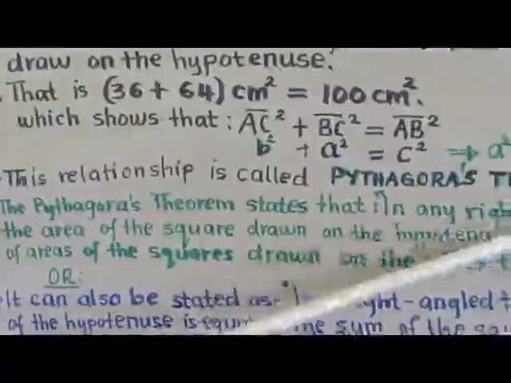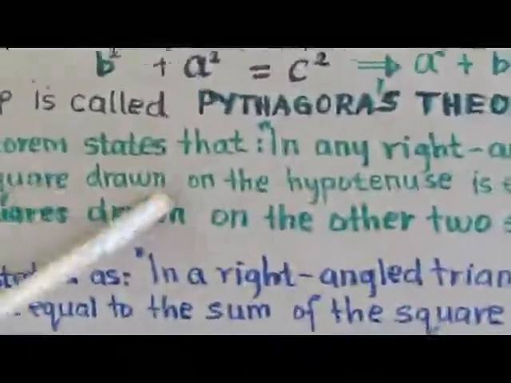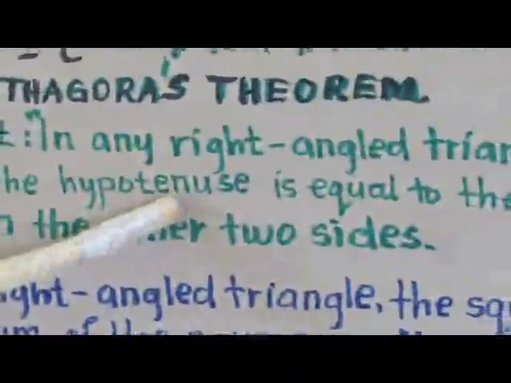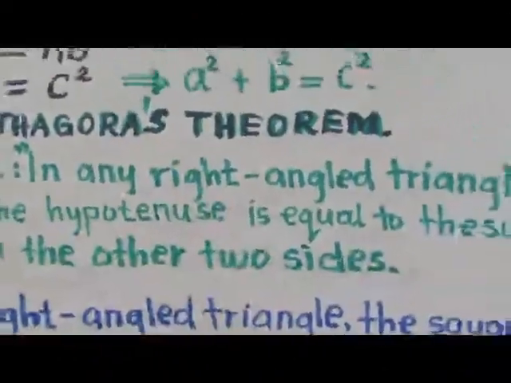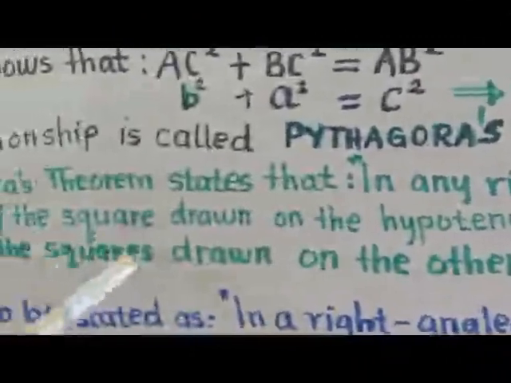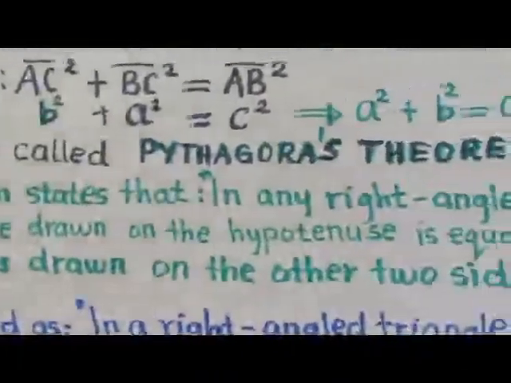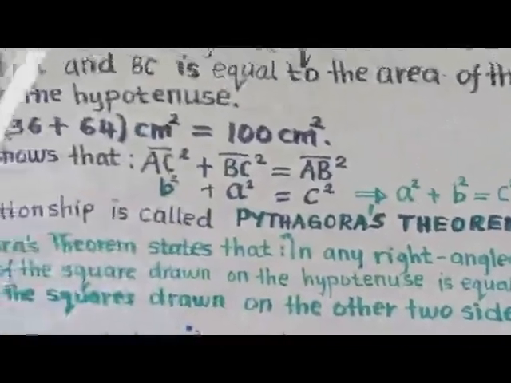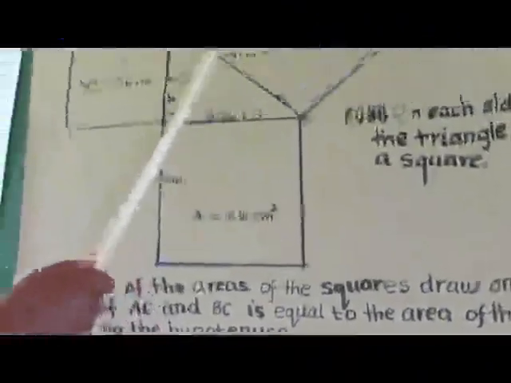In any right-angled triangle, the area of the square drawn on the hypotenuse is equal to the sum of the squares drawn on the other two sides of the triangle. The square drawn on the hypotenuse, this is our square.